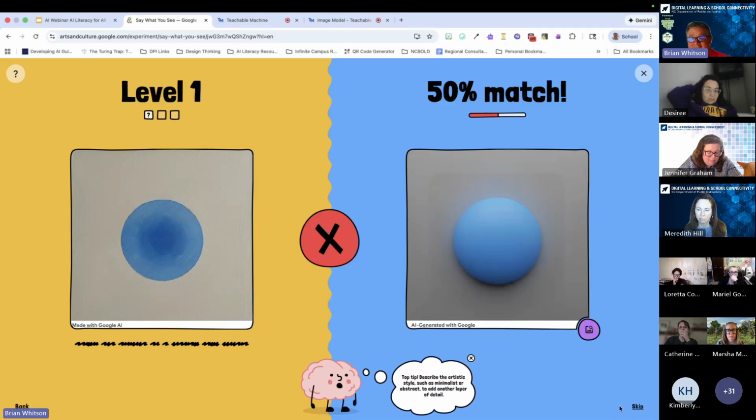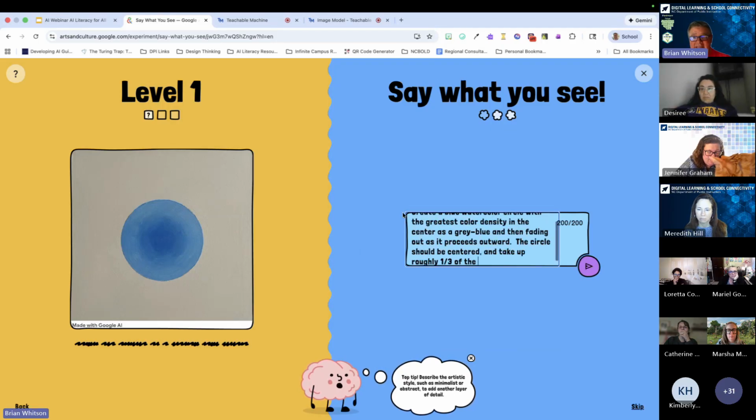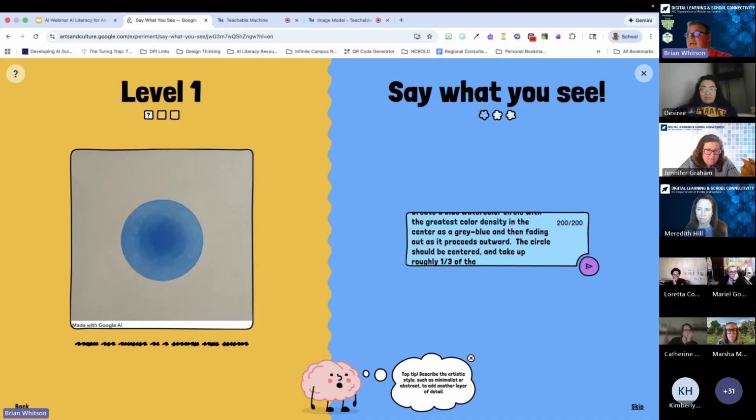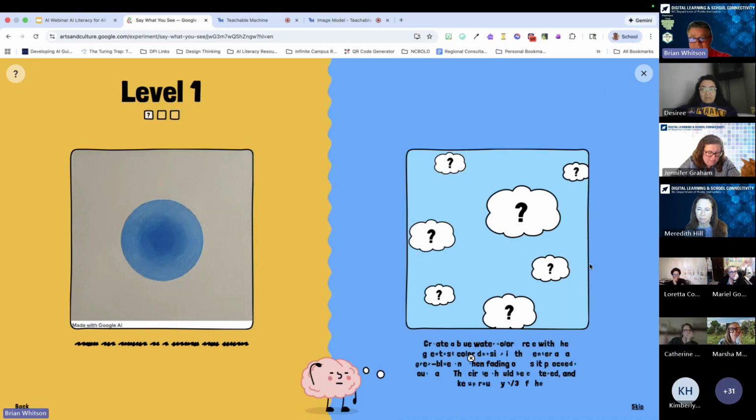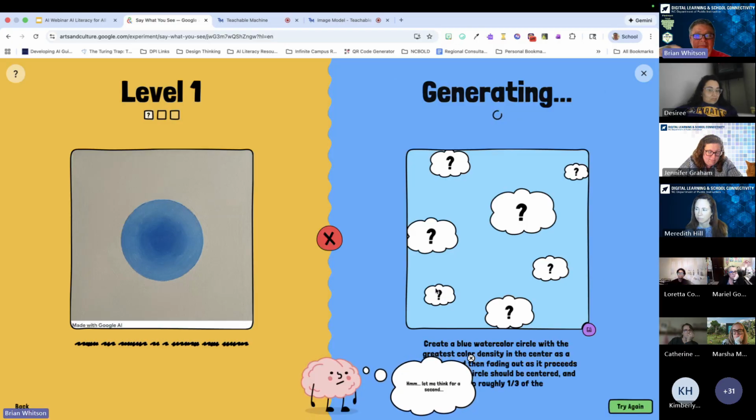Okay. And so if you don't quite get it, you can always try again. And so I'm going to just, for the sake of time, pull the first 200 characters of what I think Heather had put in there. And we'll see how it does and see if we meet the required minimum percentage.